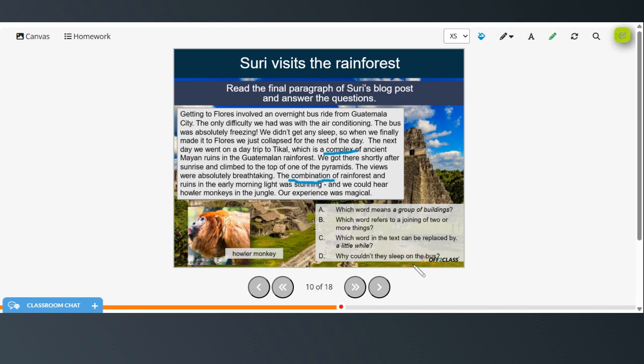Which word in the text can be replaced with a little while? Shortly. And why couldn't they sleep on the bus? Because it was freezing.